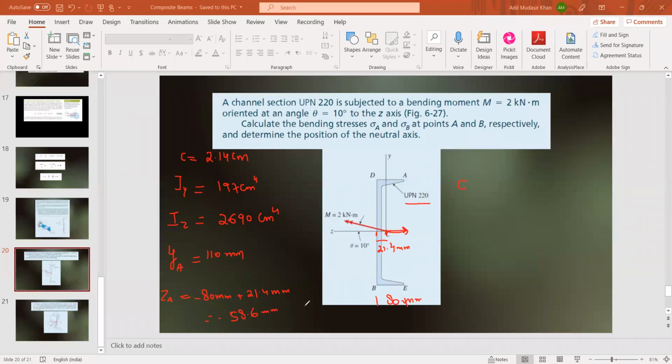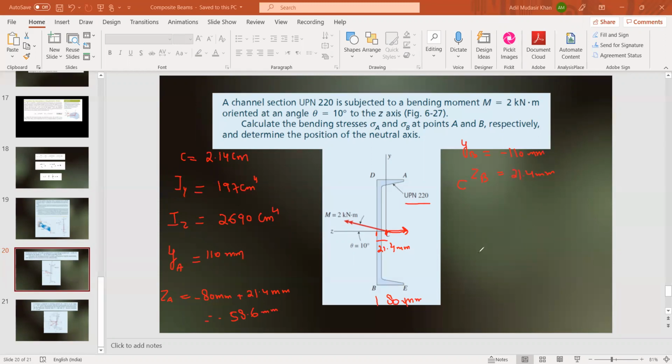For the rest of the dimensions, we have YB, which is again minus 110 mm, because the total span is 220 mm. ZB is 21.4 mm.